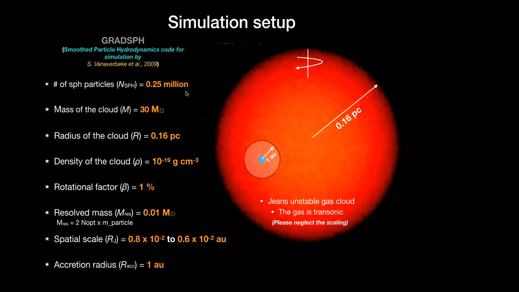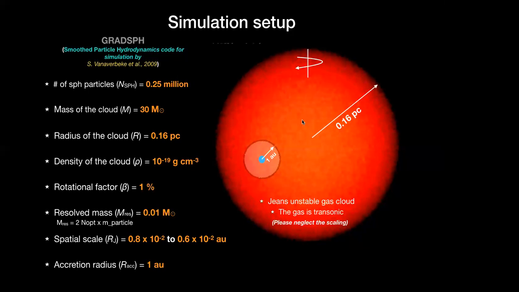So 0.25 million particles are inside the gas sphere, representing the gas at a specific state. The sphere is of 30 solar masses. This cloud is of 30 solar masses. And the spatial dimension is that the radius of the sphere is 0.16 parsec. And then the initial density of this cloud is 10^-19 grams per centimeter cubed.